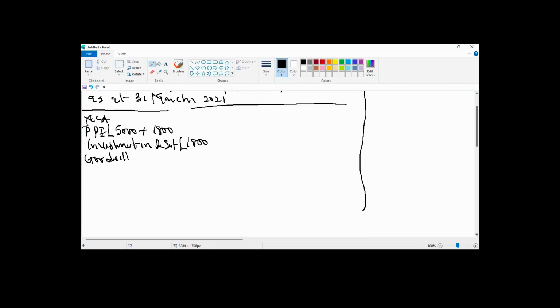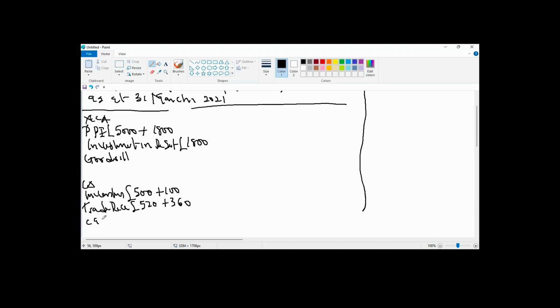Go to the current assets. Inventories, $500 plus 100. Trade receivable, $520 plus 360.